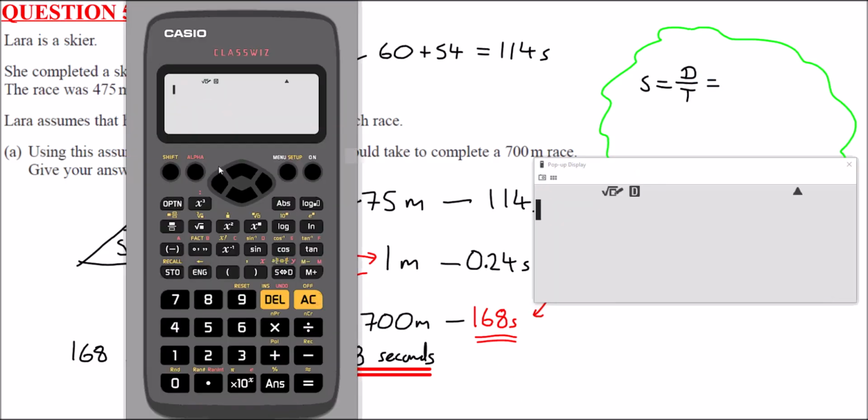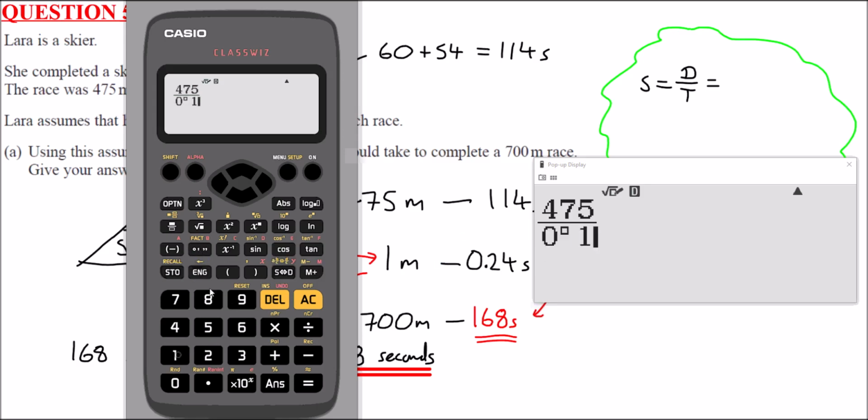So based on what we were told, she covers 475 meters, and it took her a time of 1 minute 54 seconds. You can type in time in terms of hours, minutes and seconds using this button here. 1 minute and 54 seconds. Put in the hours first, so that's 0 hours. This is like a punctuation between hours, minutes and seconds. 1 minute 54 is no hours.